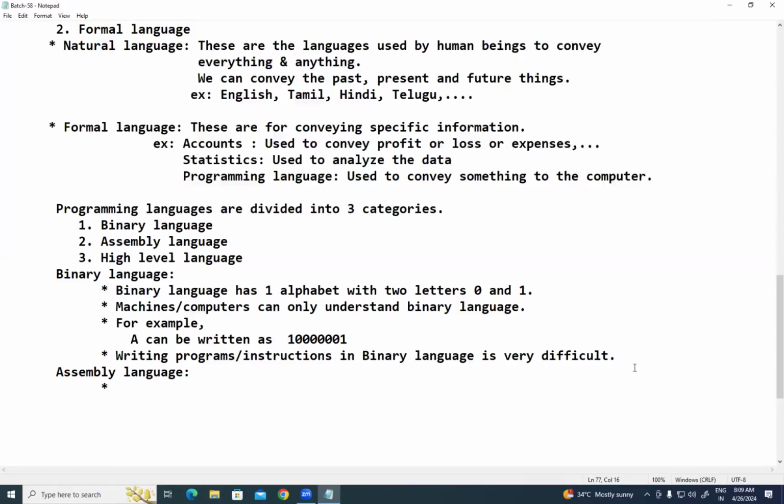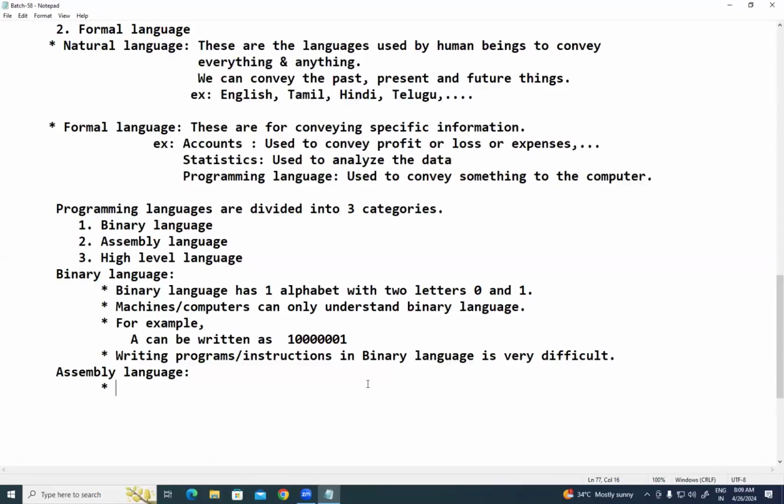See, folks, assembly language is a little bit better than binary language, because in binary language we have to write the code in zeros and ones. Writing programs or instructions to the computer in zeros and ones is very difficult for developers or programmers.